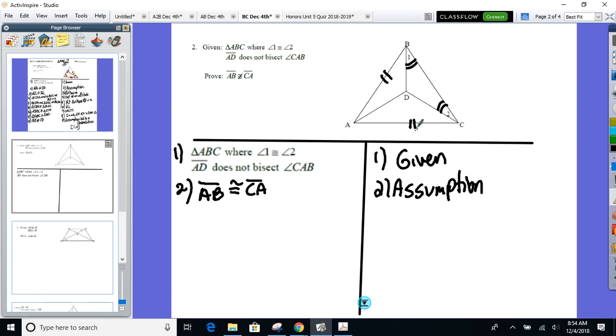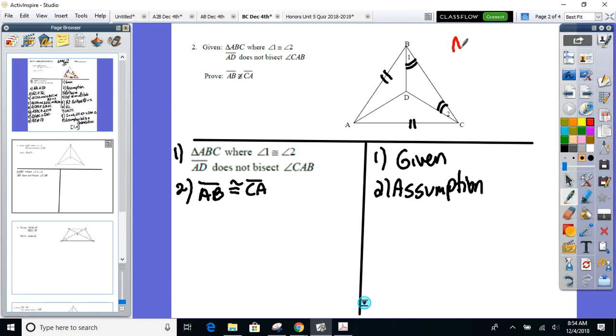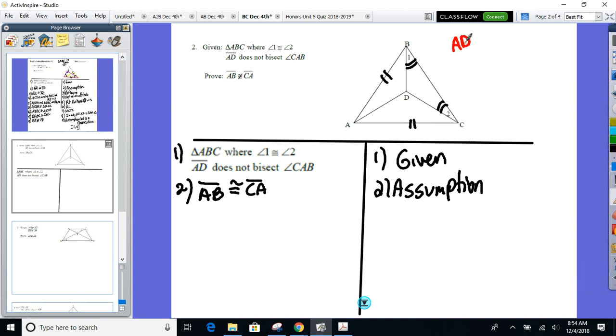Which one of the givens is going to be easier? This one's not too bad to figure out. Hi, Connor. Okay, we're going to contradict that by saying that AD does bisect angle CAB.